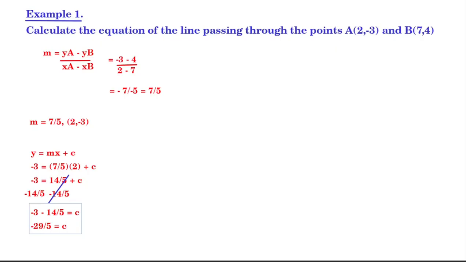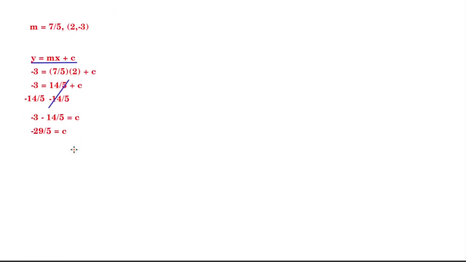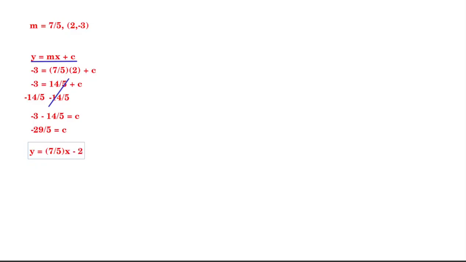Now go back and substitute the value of c in this equation. In this equation, you substitute the value of m, which is the gradient, and also c. Then you will have calculated the equation. Your y is equal to, what was our gradient in this case? The gradient was 7 over 5, multiplied by x, then minus 29 over 5.